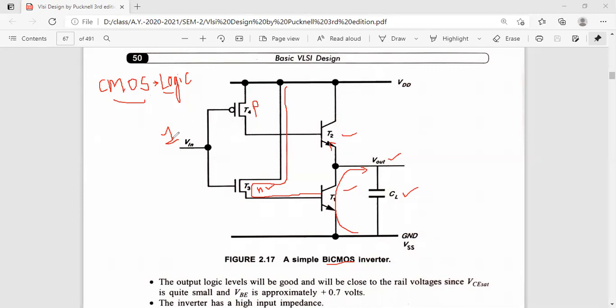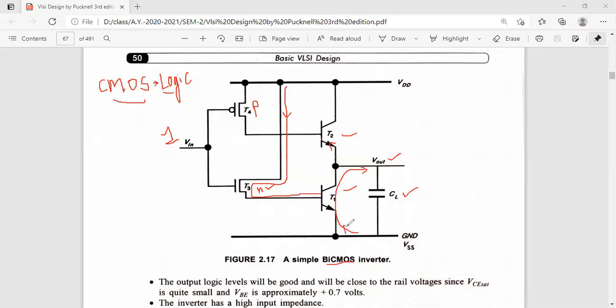You can see here when I give an input of 1, this NMOS transistor is going to be on, and here the value VDD will generally be 5 volts. That is going to come in this direction. This NMOS transistor is on, so through T3 it goes to the base of the transistor T1, and this bipolar transistor is on.